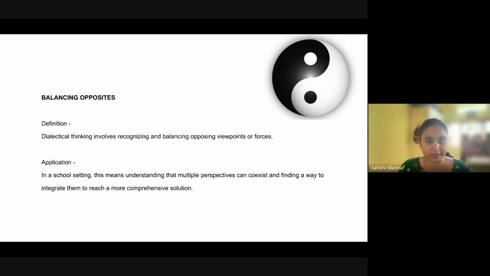Which will be sorted when we provide support to actually deal with the underlying issues. It also helps in understanding that we require a balanced approach that helps us as counselors address both discipline and the support system, right?